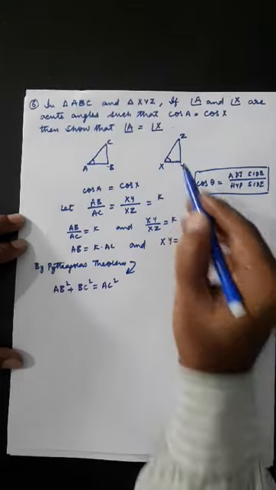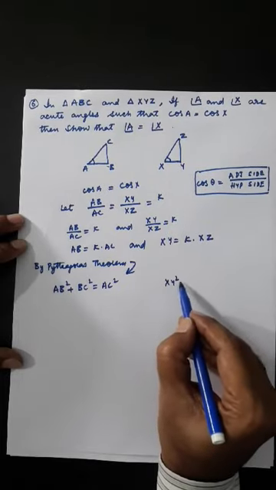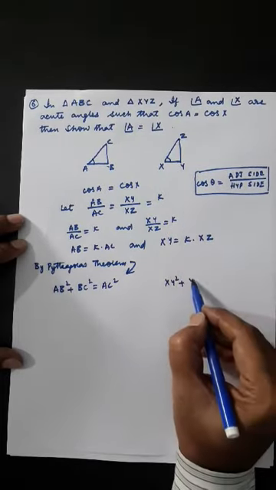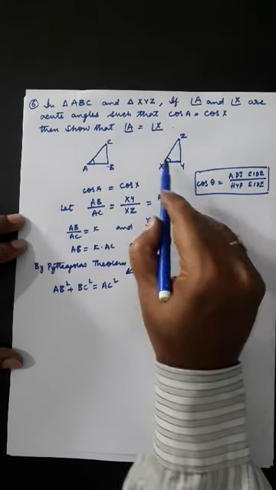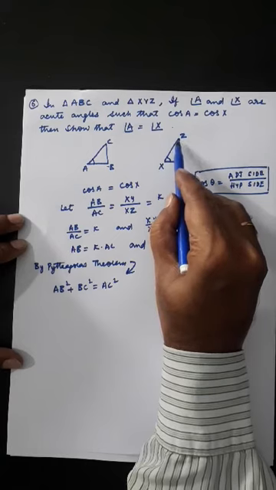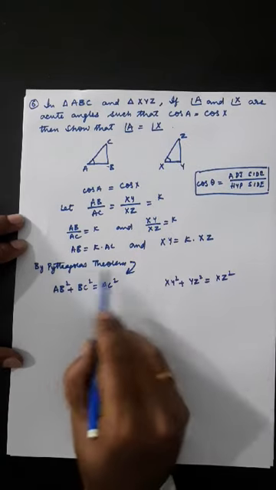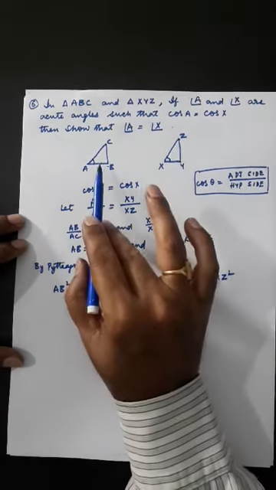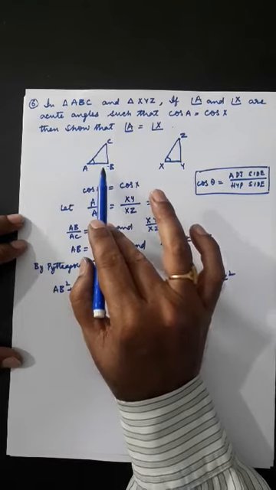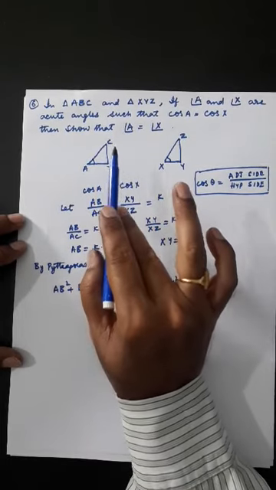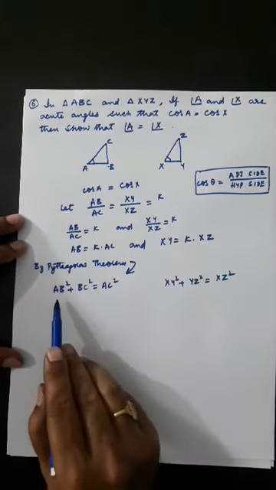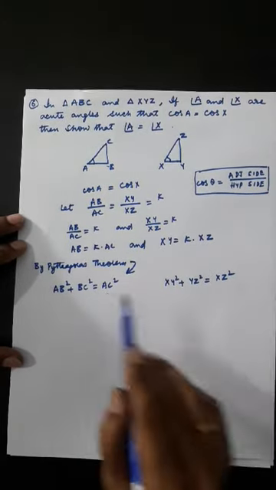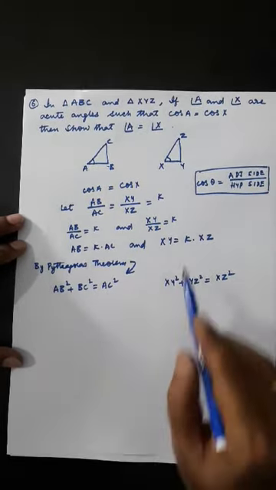For this, XY square plus YZ square equal to XZ square. This square plus this square equal to hypotenuse square, that is what Pythagoras theorem says: adjacent side square plus opposite side square equal to hypotenuse side square.